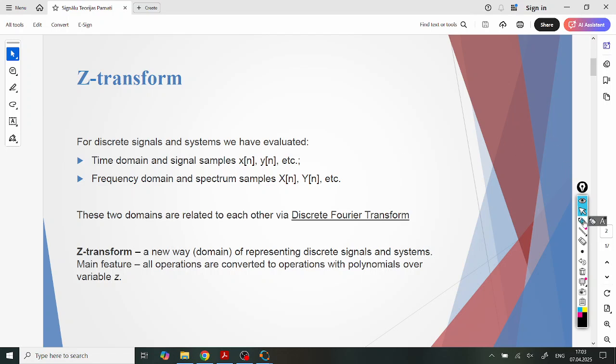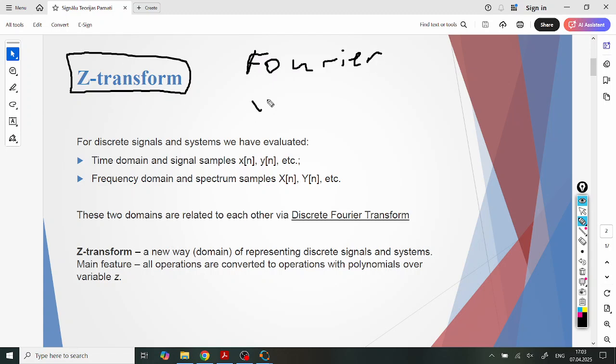But before that, let's have a little bit about mathematics, about Z transform. We already know what is Fourier transform. Yes, so that's when we convert our time domain function into some frequency representation of the same function.